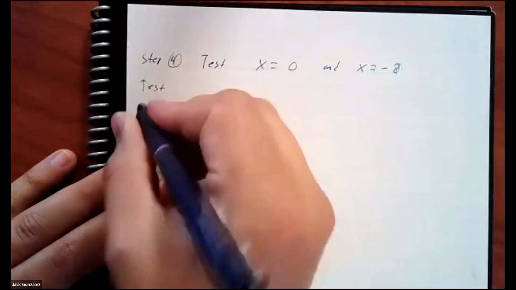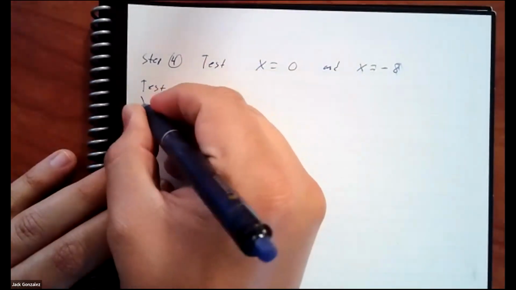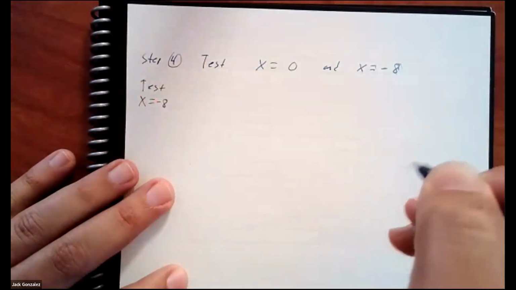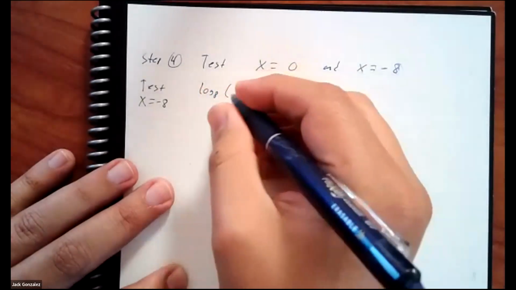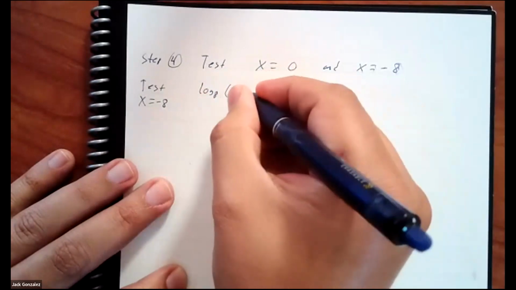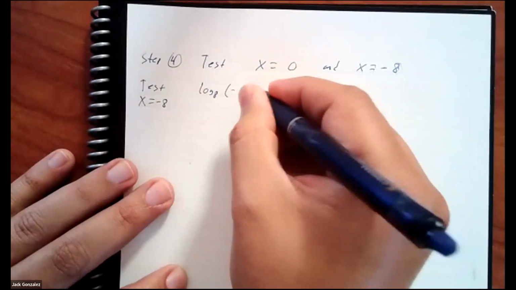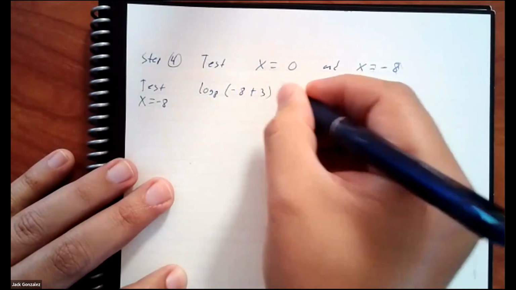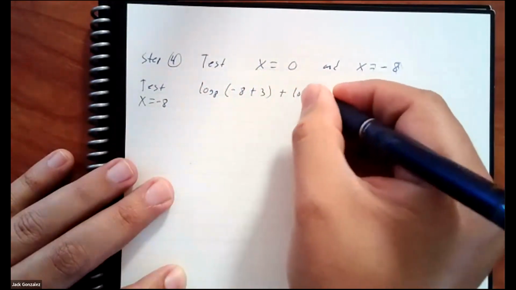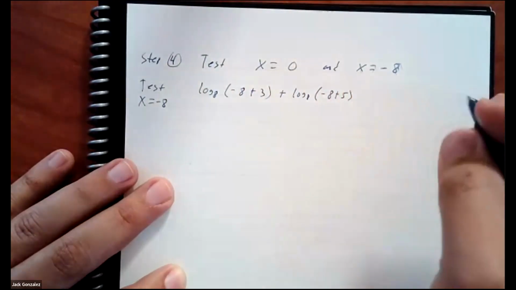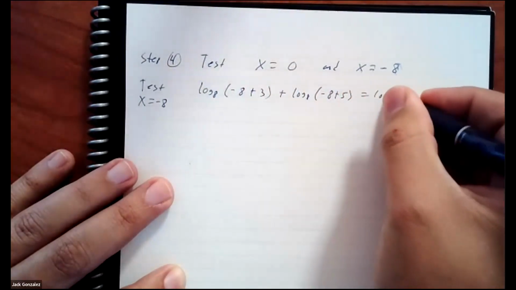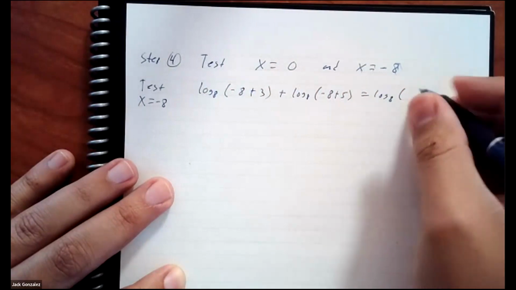So test X equals -8. So log base 8 of -8 plus 3 plus log 8 of -8 plus 5 equals log 8 of 15.